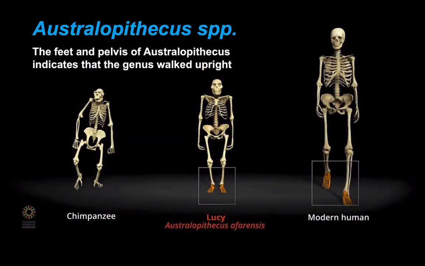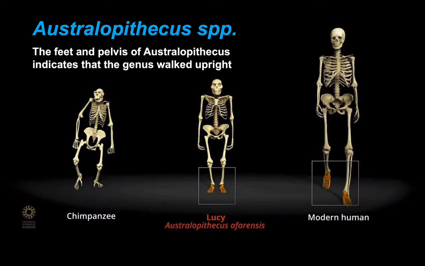If we look at the structure of the limbs, something those of you who would have done GCSE would have looked at already. If we look at the position of the pelvis and femur, the thigh bones, we can see that modern humans are adapted for an upright mode of life.